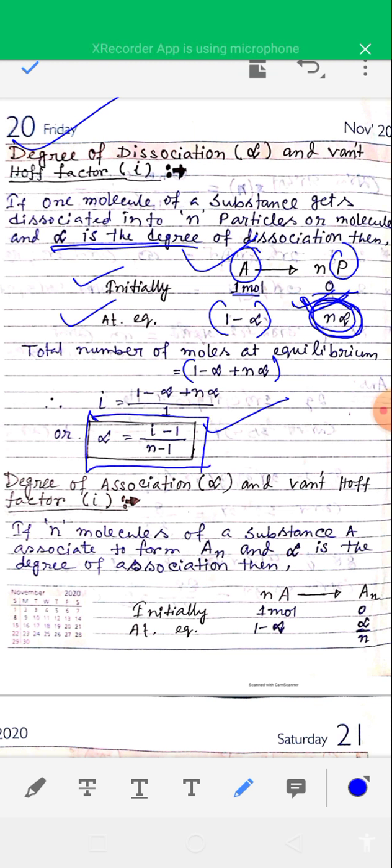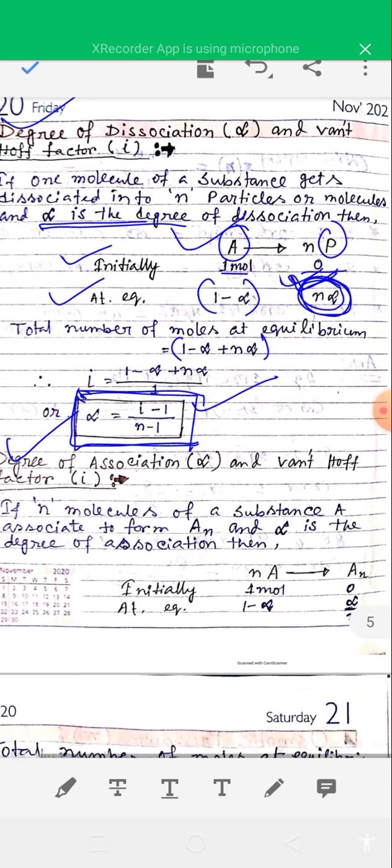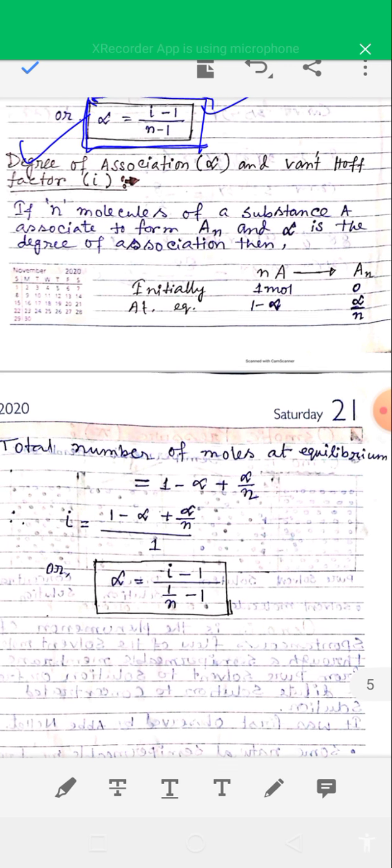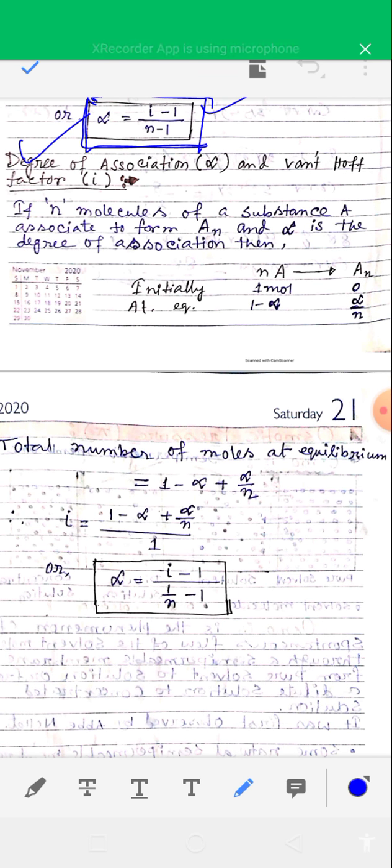After rearrangement you will get this relation: alpha, that is the degree of dissociation, is equal to (i minus 1) divided by (n minus 1), where one particle dissociates into n particles. Now see the relation between degree of association and Van 't Hoff factor. Here the degree of association is taken as alpha.